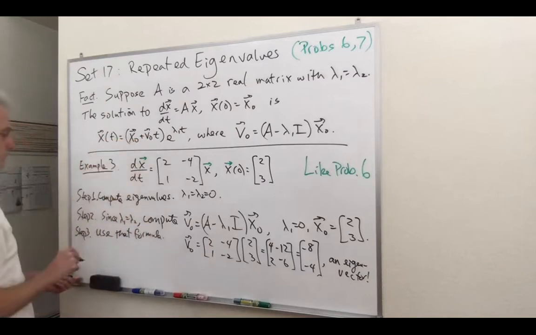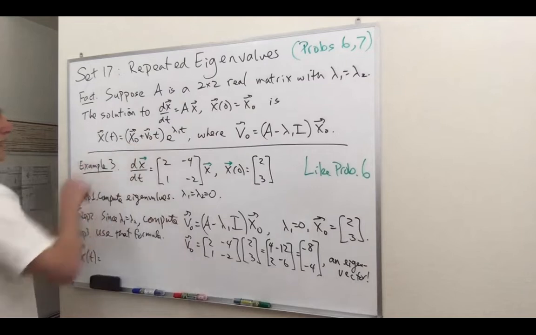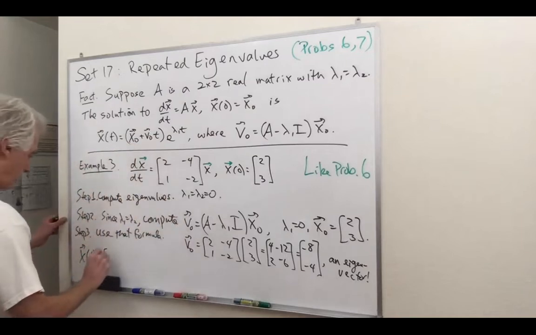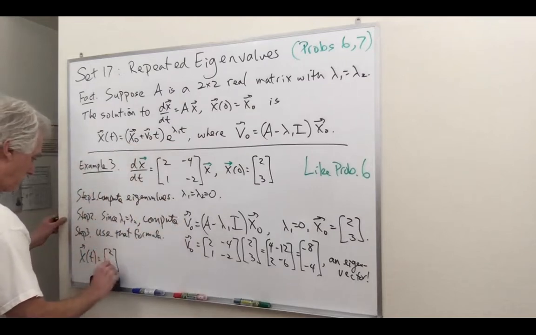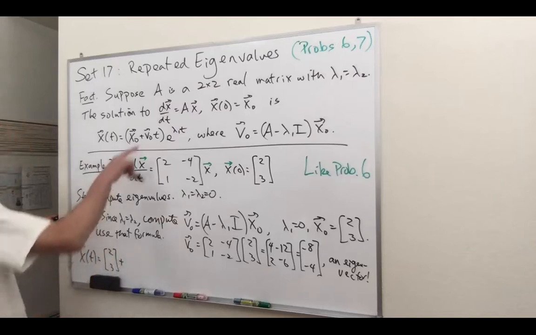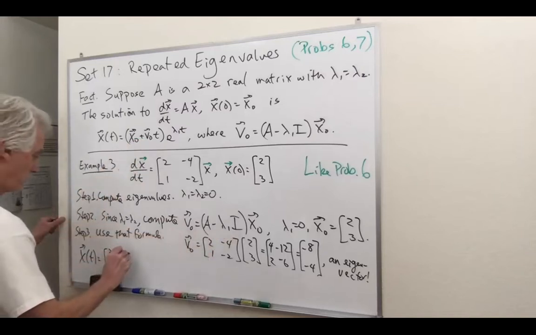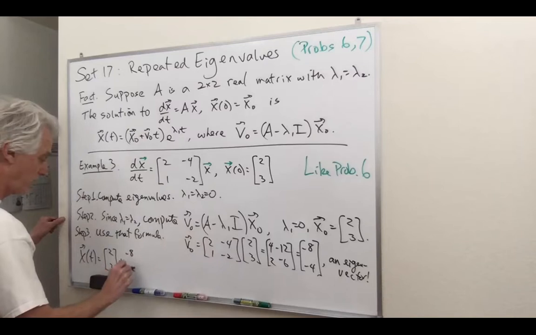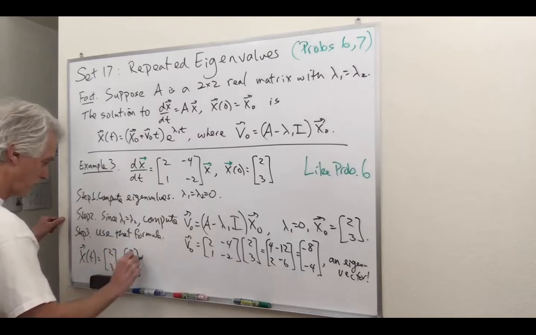The solution is going to be x of t equals x naught, 2, 3, plus v naught t, negative 8, negative 4, times t.